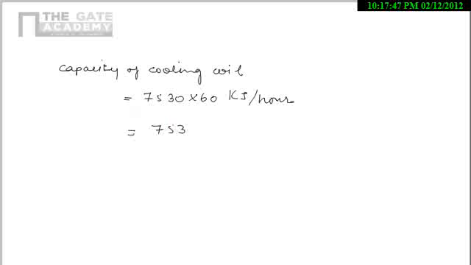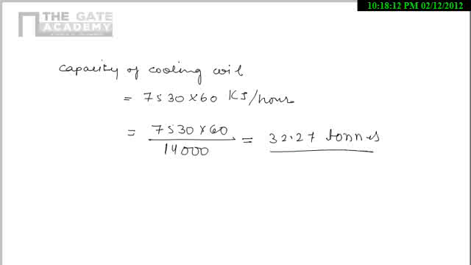So 7530 into 60 divided by 14,000 gives 32.27 tons. So the capacity of cooling coil will be 32.27 tons.